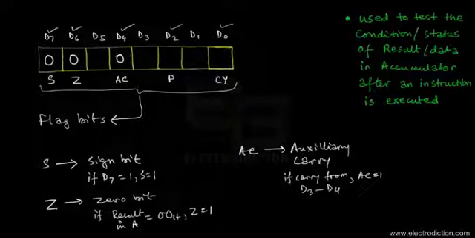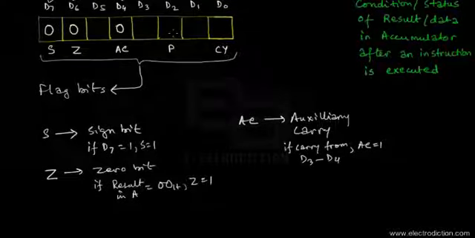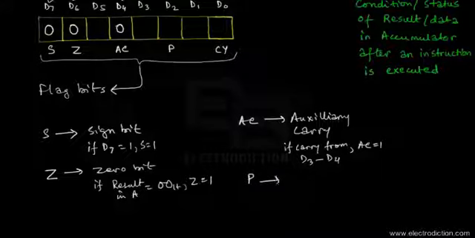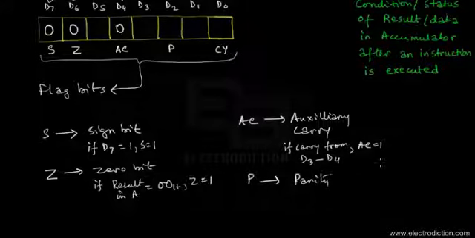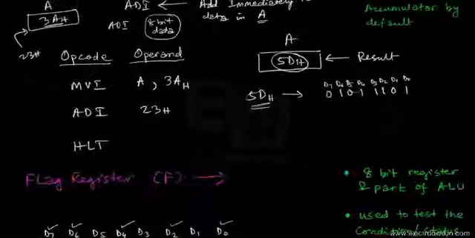Finally, we also have bit D2, which is labeled P over here. P stands for parity. The parity flag bit is set only if the result in the accumulator has an even number of ones.